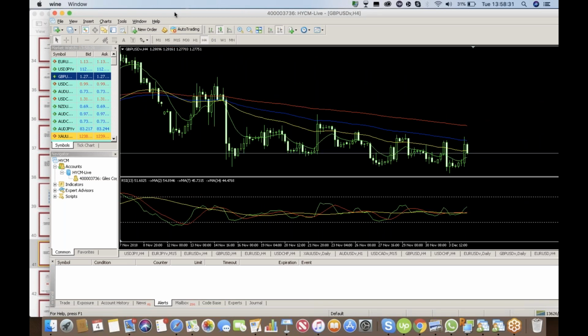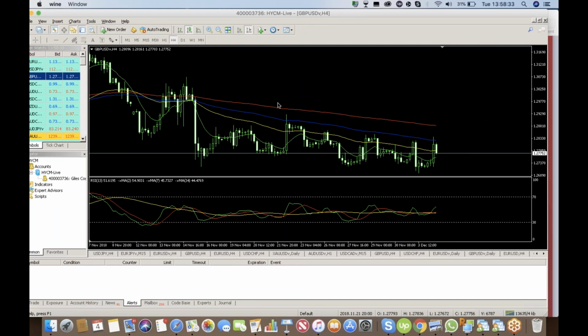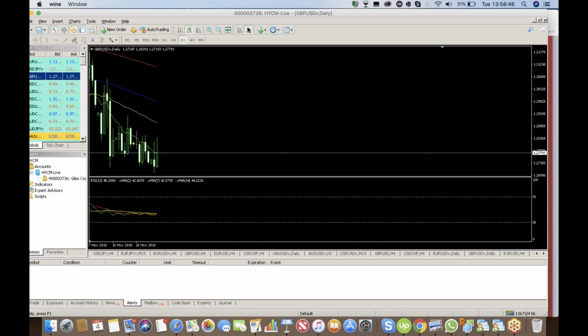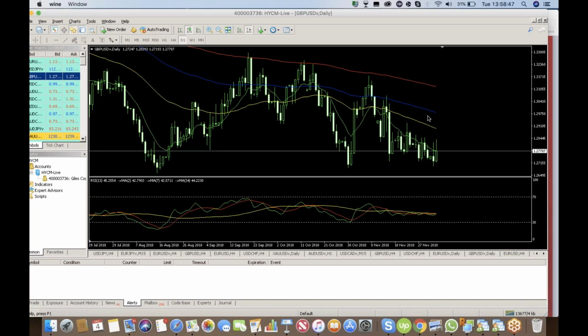Can you see the 100 exponential moving average respected? 100 moving average respected. 100 fell. Okay, so I'm interested in selling the pound from the 200 exponential moving average and the 100, 50 or 200 exponential moving average on the daily charts.